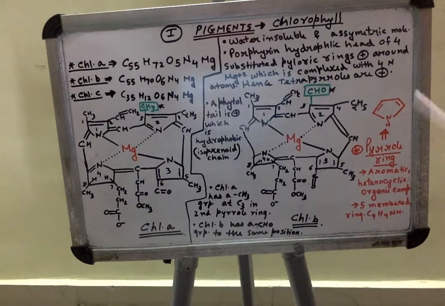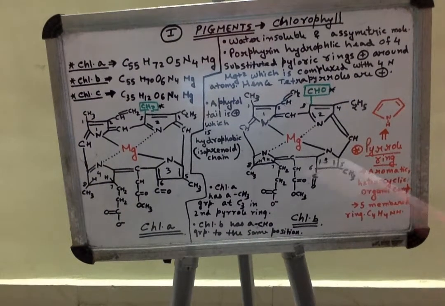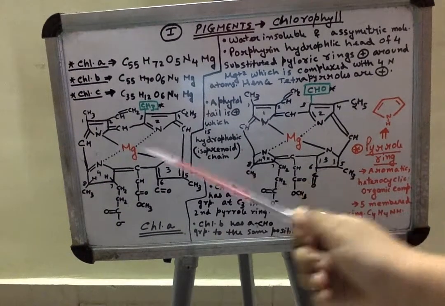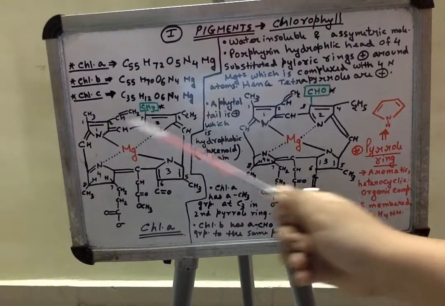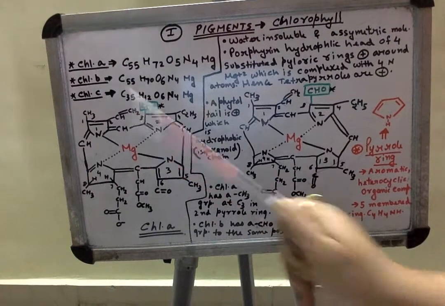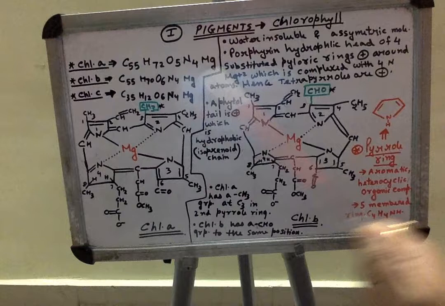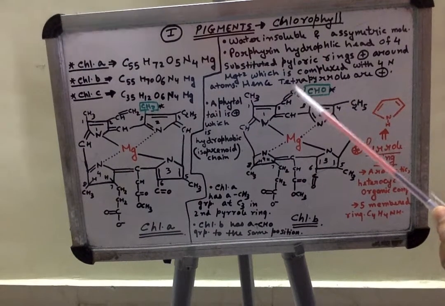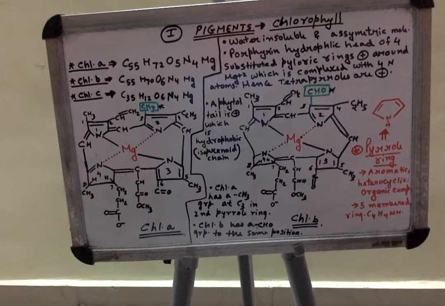It is heterocyclic because there is a nitrogen atom. So there are 4 pyrrole rings surrounding the magnesium ion, and therefore the chlorophyll molecule is a tetrapyrrole structure.